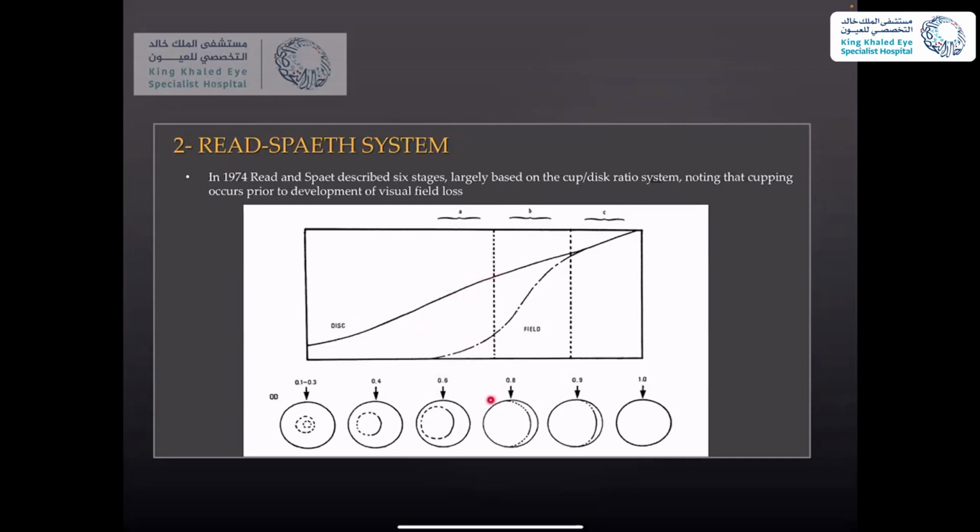While if you have a patient with a large, moderate to severe cup to disc ratio, you don't rely on the disc appearance, but rather on the visual field changes, which give you a hint whether this patient is progressing or not. At the end, both will be equal, and you will have difficulty confirming whether the patient is progressing or not.